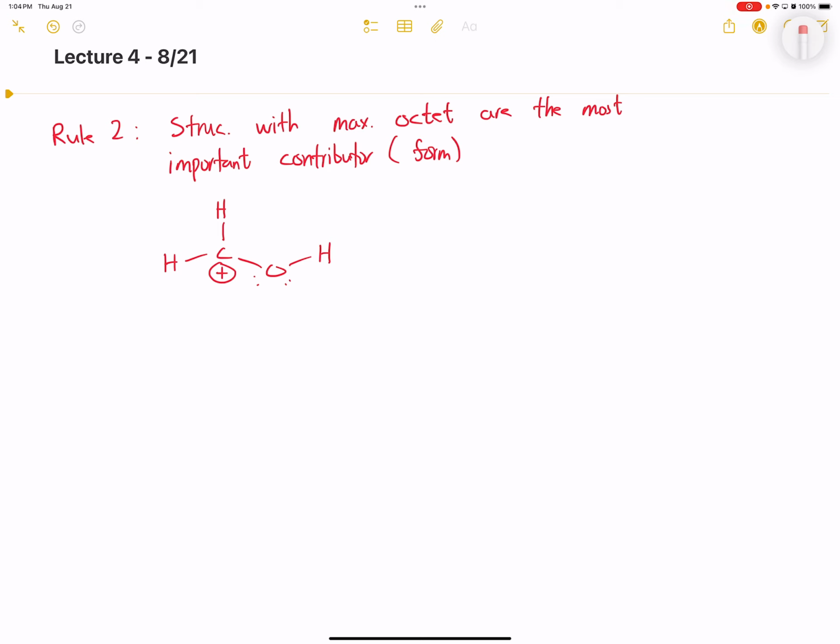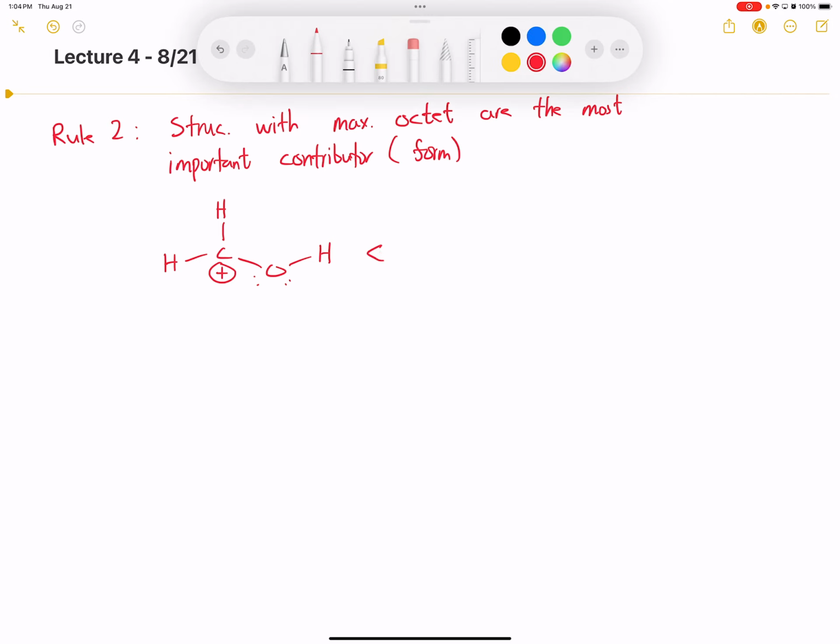So that's bad. It's better if we have it fully with octets. So something like that.